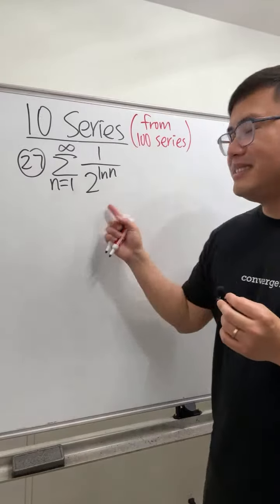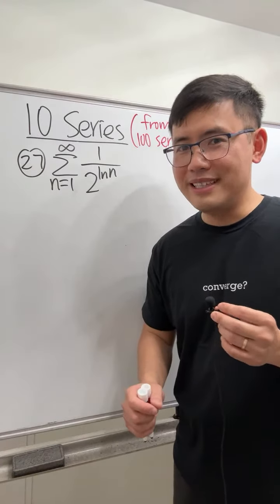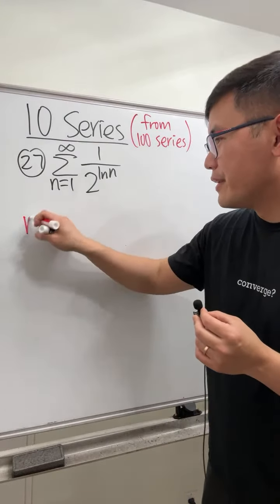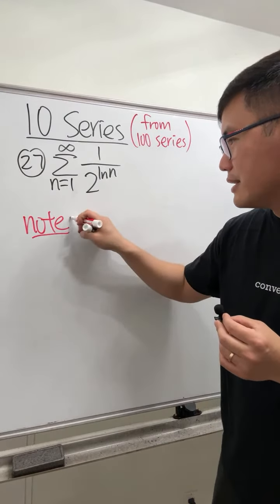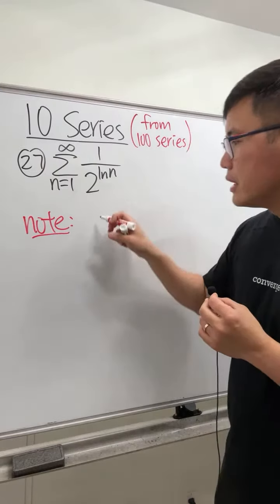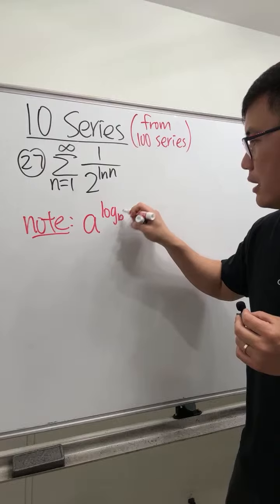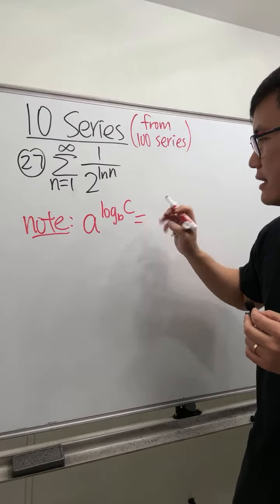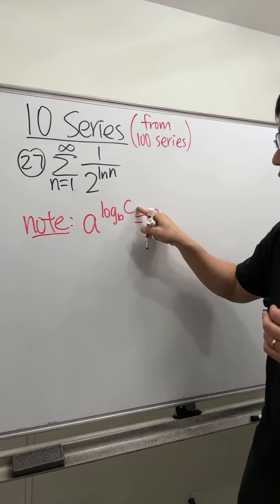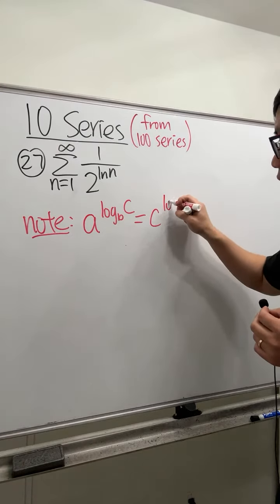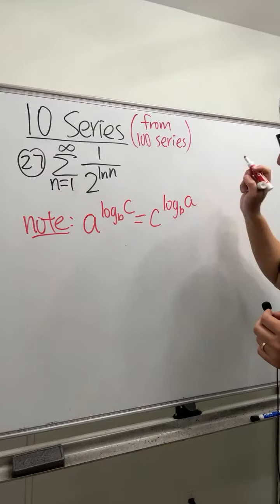Yes, there's a nice logarithm property. So, ladies and gentlemen, have a look. Here, let me write that down for you guys. If we have some number a raised to log base b of c, in fact, this is the same as c for the base, and then log base b of a.